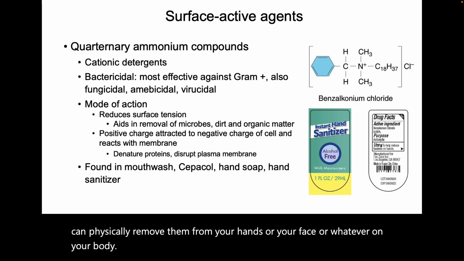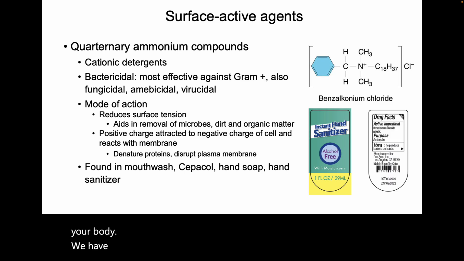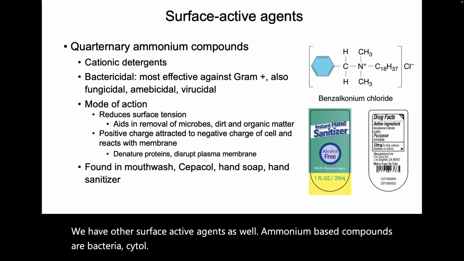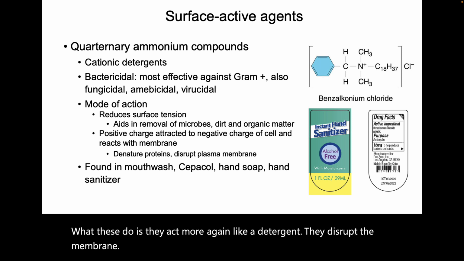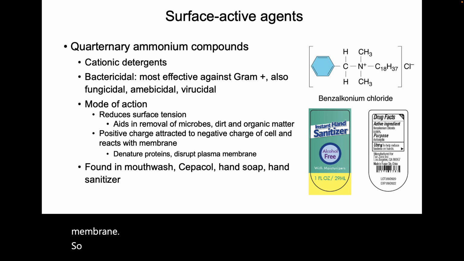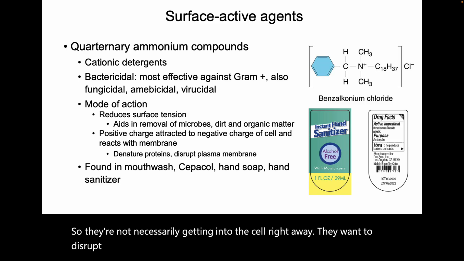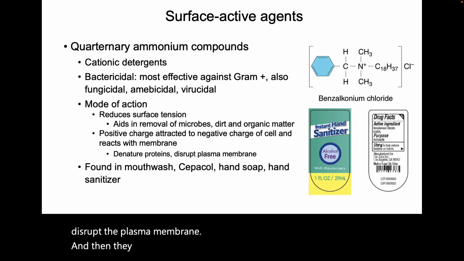We have other surface active agents as well. Ammonium-based compounds are bactericidal. What these do is they act again like a detergent. They disrupt the membrane. So they're not necessarily getting into the cell right away. They want to disrupt the plasma membrane, and then they can get in and start to denature the proteins.